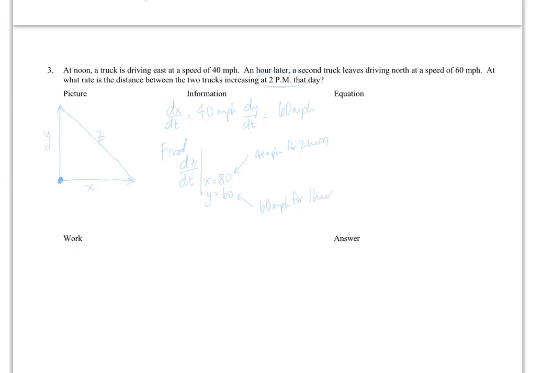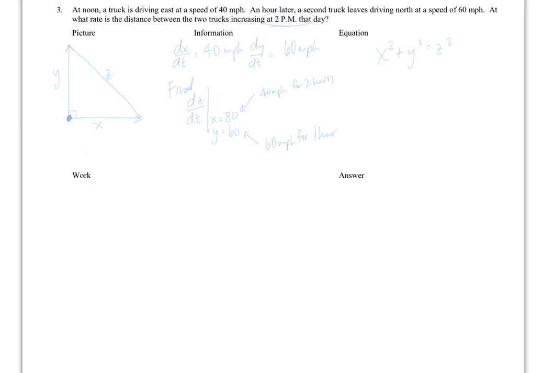Now, this is almost the exact same picture that I drew earlier with the ladder. So this is the Pythagorean theorem. And down here, I can do the derivative of that. 2x dx/dt plus 2y dy/dt equals 2z dz/dt.